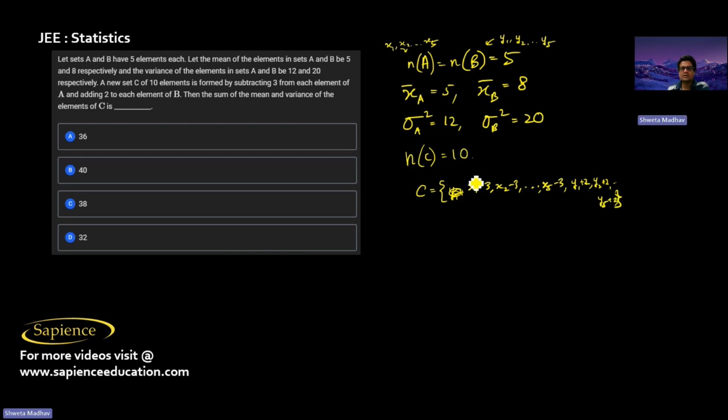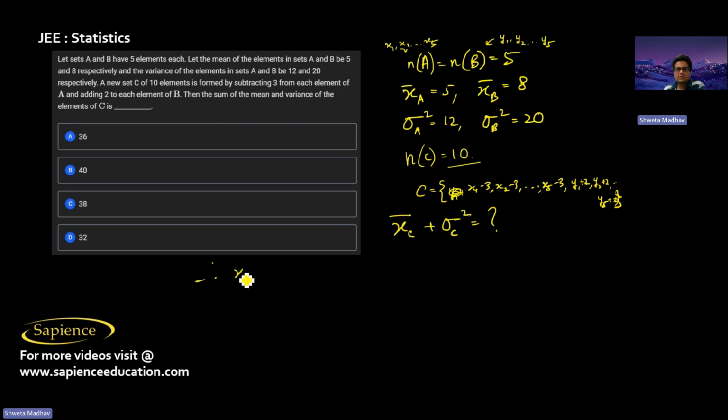So there are 10 elements. Then the sum of the mean and the variance of the elements in C, that is the mean of C plus the variance of C, sigma square of C, that we have to find out.